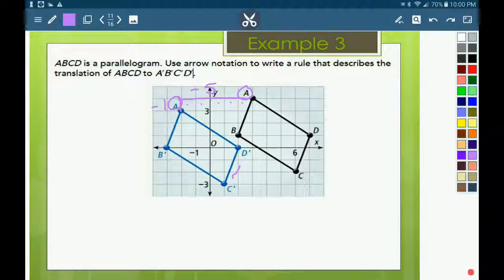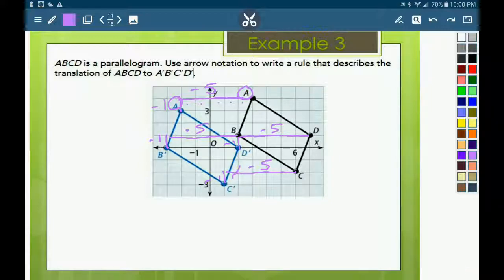I'm going to double check that with all the others. I'm seeing again left 5, down 1, left 5, down 1, and left 5, down 1. Since it's all the same, I know this is definitely a translation. They didn't make any mistakes.